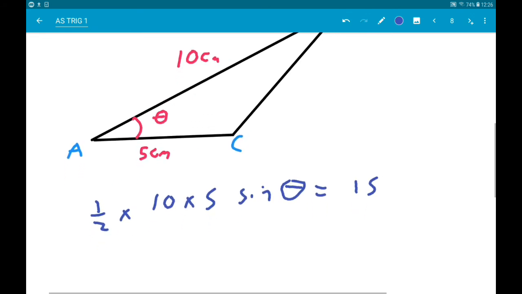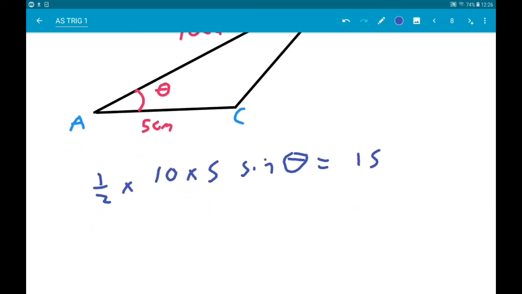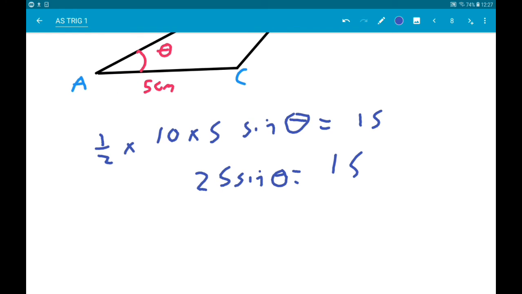So 25 sine theta is 15. Divide through by 25 and we get sine theta is 3/5.